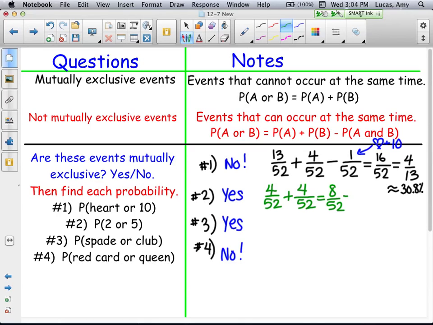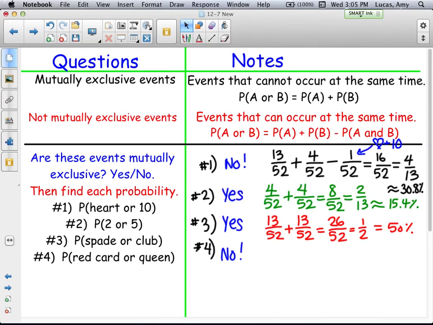It reduces to 2/13, which is about 15.4%. So there are no cards that overlap for that one. The same thing for spades or clubs. Spades, there are 13 spades. Clubs, there are 13 clubs. So the probability of drawing a card and getting a spade or a club, that's going to be half of the deck. So 50%.